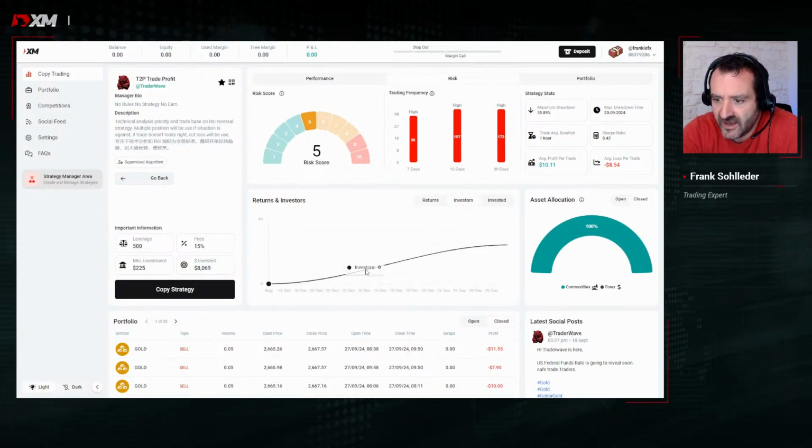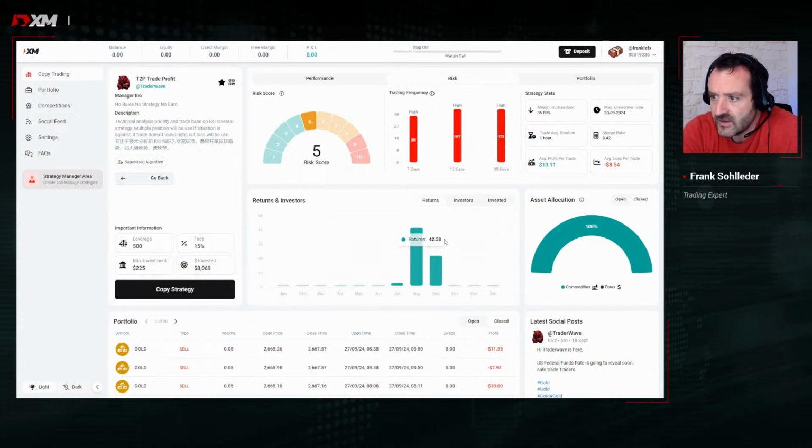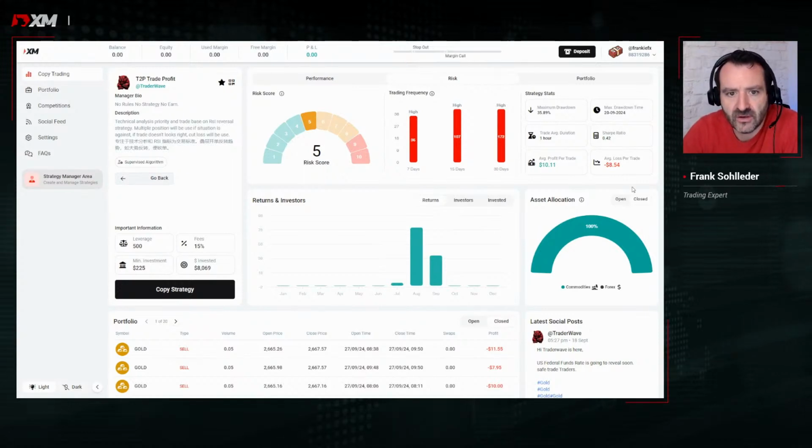But here the investor count is 12 so far. That looks pretty amazing. So people find him, and he really did a good job collecting investors. And the average loss per trade is $8. From a money perspective, that's relatively good.